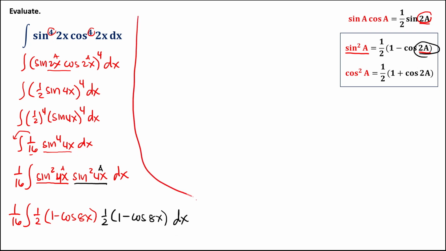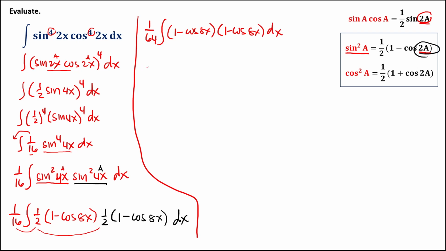Then to simplify, we need to multiply all the constants. So 16 times 2 is 32, and 32 times 2 is 64. So we have 1 over 64 outside the integral, then 1 minus cosine 8x, times 1 minus cosine 8x, then the dx.